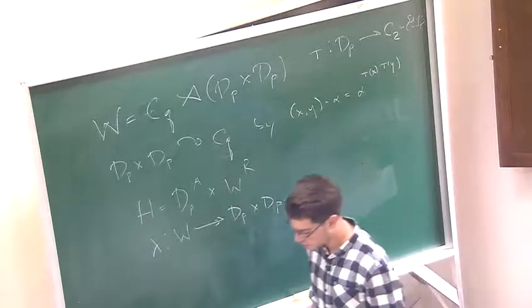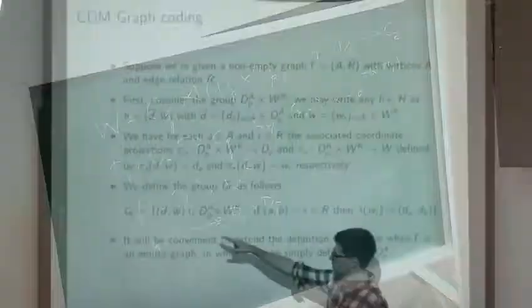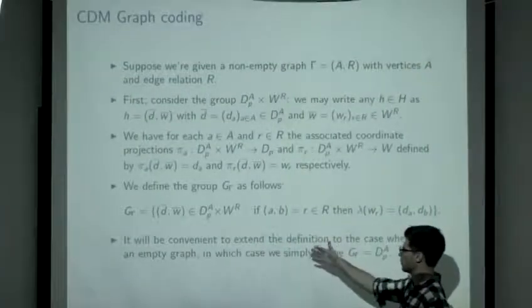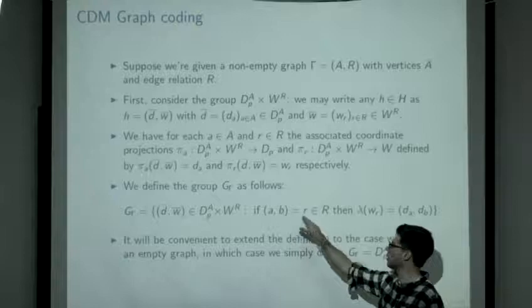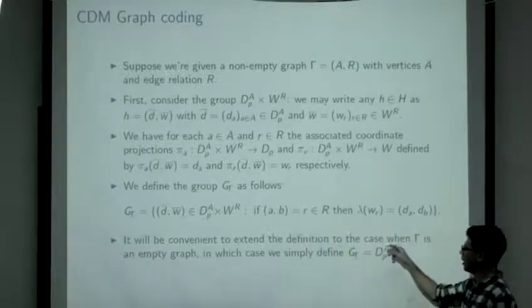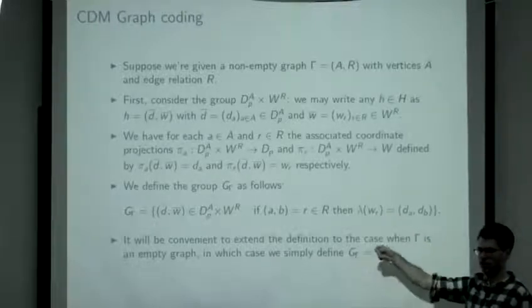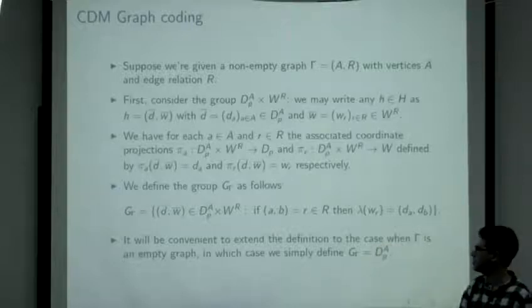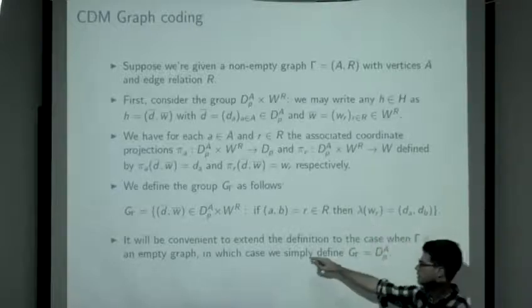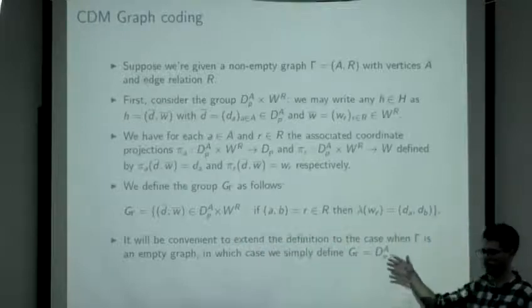Okay, so here's the definition of the group. So I look at the vectors d bar, w bar, so that if I have an edge in my graph, which goes from A to B, then I look at the element in the r coordinate, and I take its projection in Dp times Dp. So w r is in a copy of W, so I can apply lambda. I can forget about the CQ part.